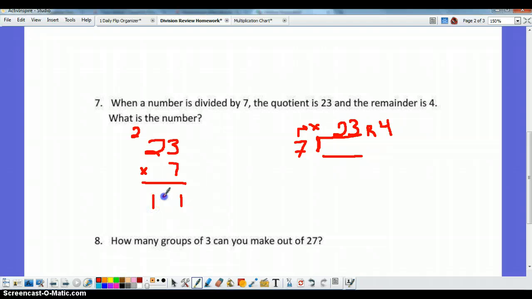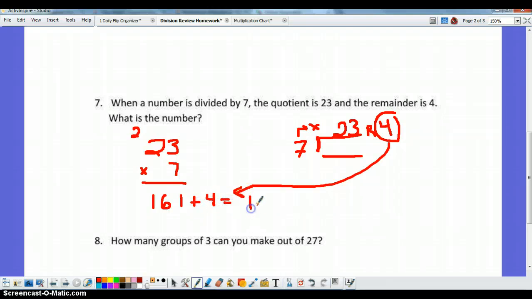That's not my answer just yet, because I need to take the remainder and add it. That is going to get me what goes in the box. So plus 4 equals 165. I haven't really done many of these with the students, but it's a way to check their division.